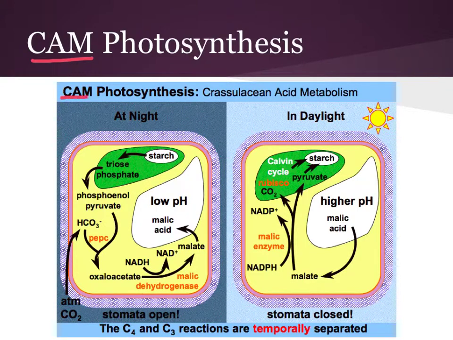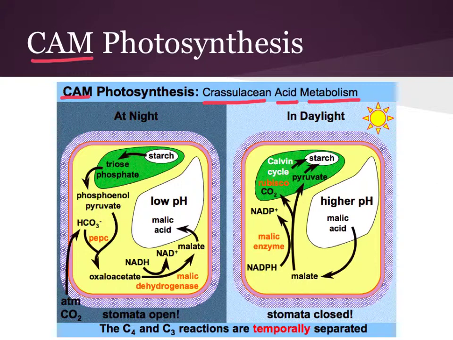CAM itself stands for, now this is a difficult word to pronounce, crassulacean acid metabolism. CAM. In C4 photosynthesis that we just talked about, we know that plants separate the light reactions from the Calvin cycle by separating the actual cells that are performing these jobs.